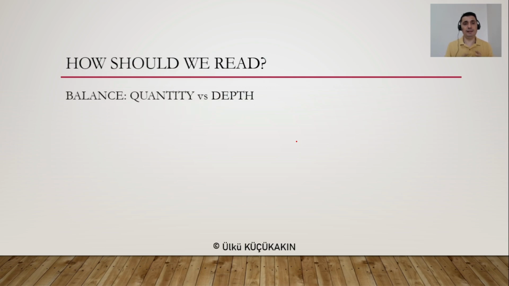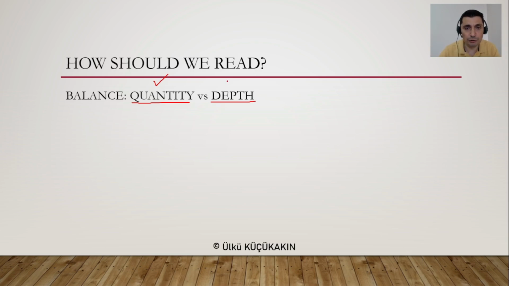What do I mean by this? Balancing, everyone, quantity with depth. These are two different sides, okay? Some readers concentrate too much on quantity. What does this mean? Quantity means number of texts. Some people want to read many, many texts, okay?